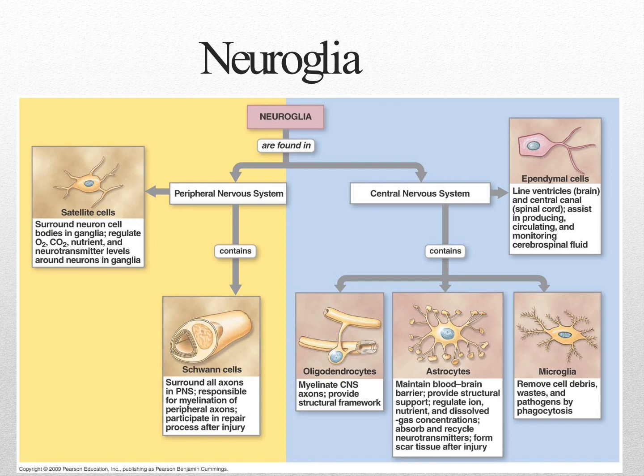myelinate the axon. And what is myelin? Myelin is basically composed of lipids, so it's going to wrap around that axon.